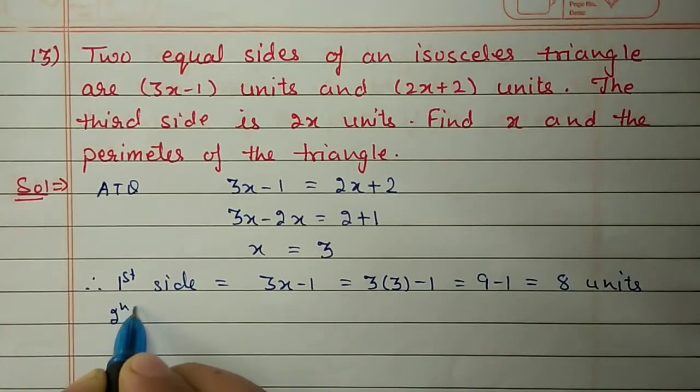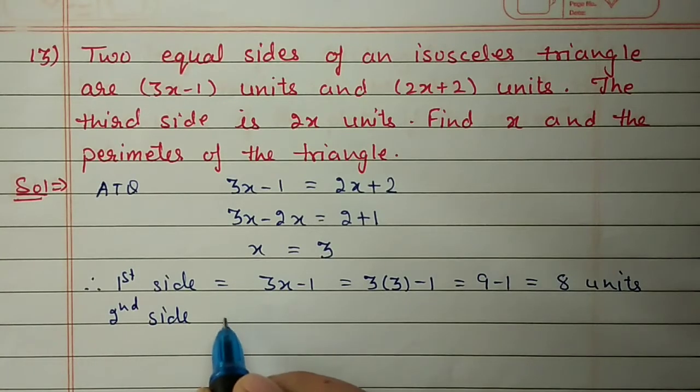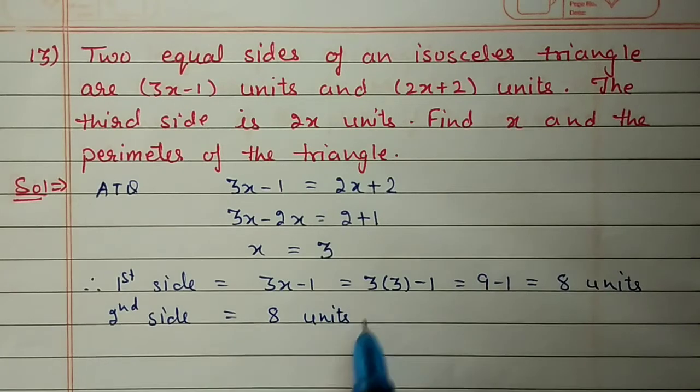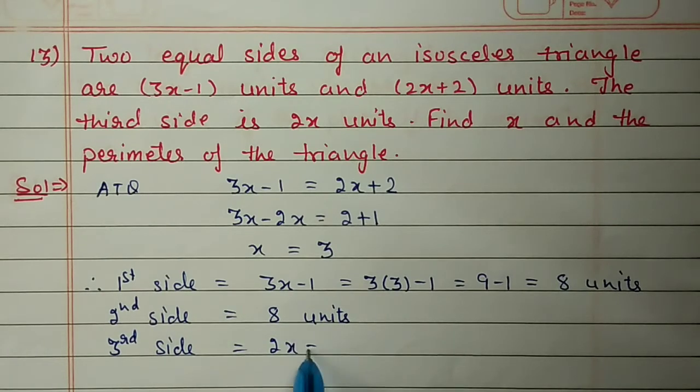And second side, because first side and second side are equal, it's not necessary to calculate, you can write directly also. Second side also will be 8 units. And third side it is given 2x. So 2x means 2 into 3, 6 units.